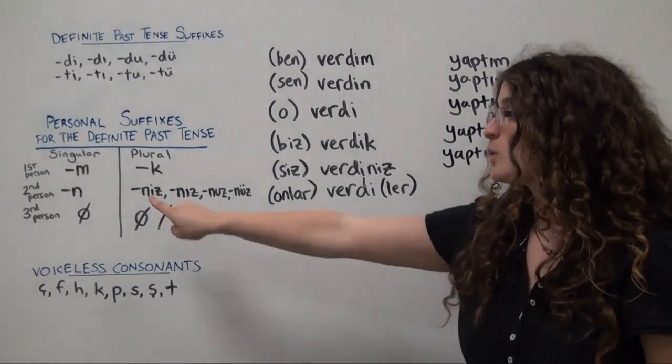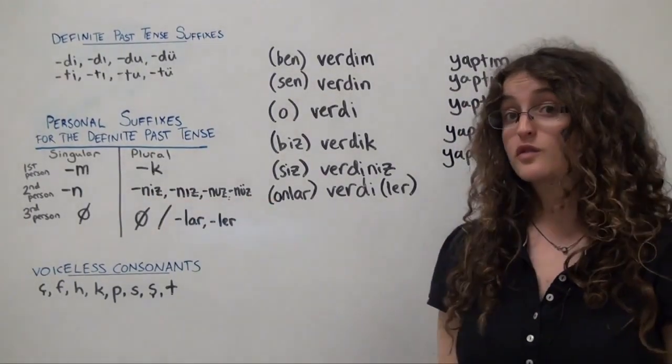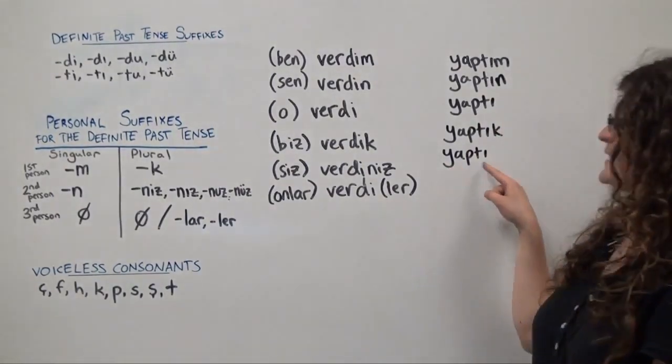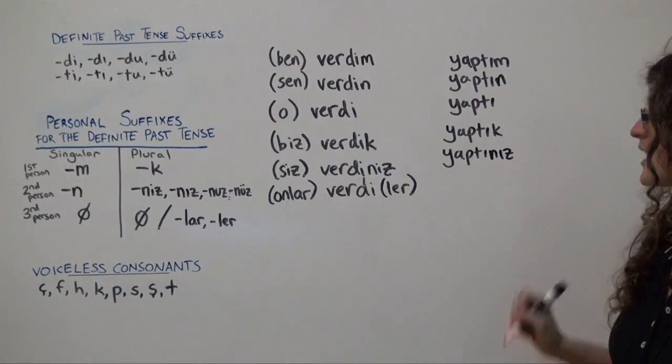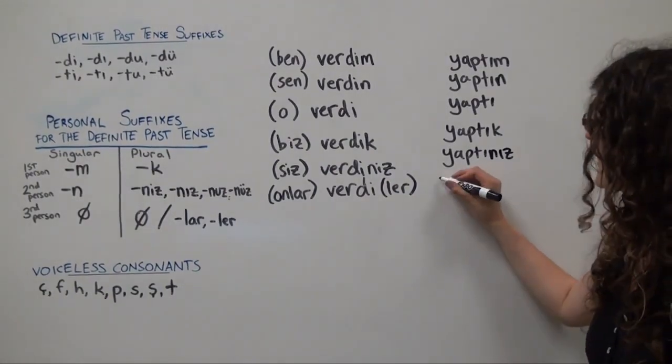And remember, we'll choose the appropriate form according to the rules of 4-way vowel harmony. So siz yaptınız, onlar yaptı.